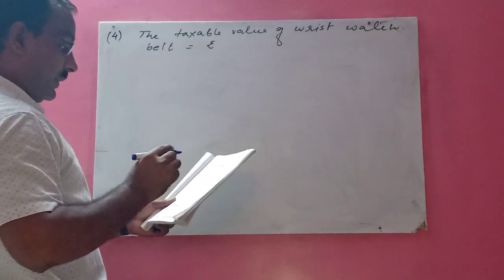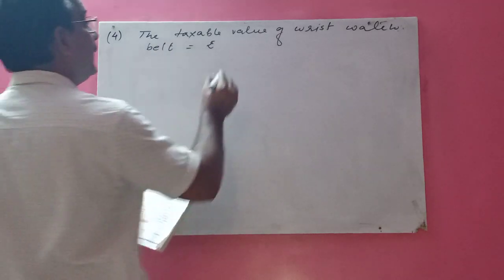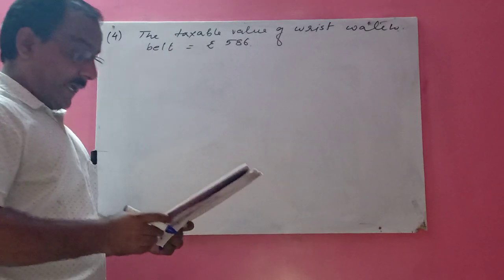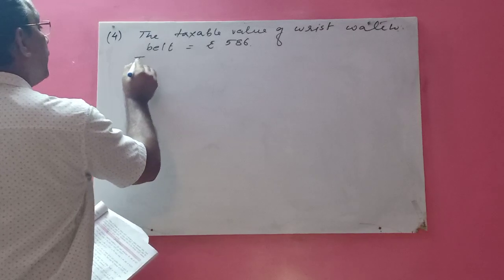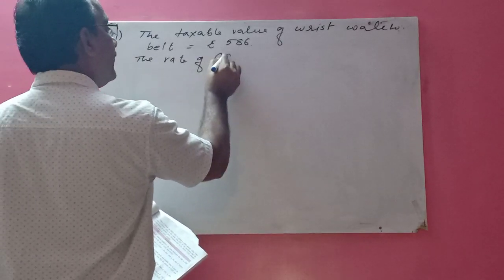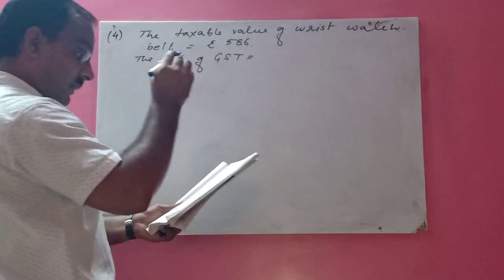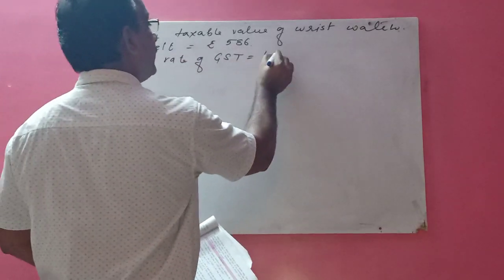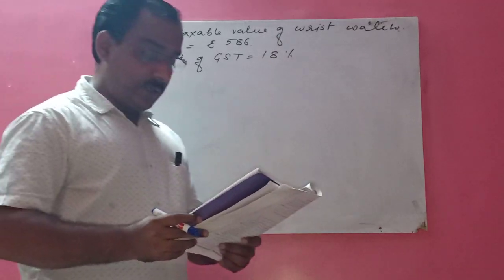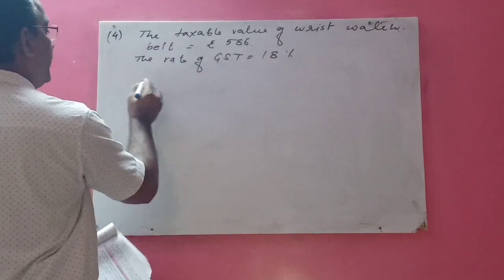Here it is 586. And the rate of GST? The rate of GST is given, 18%. Got it? Now calculate the amount of GST.